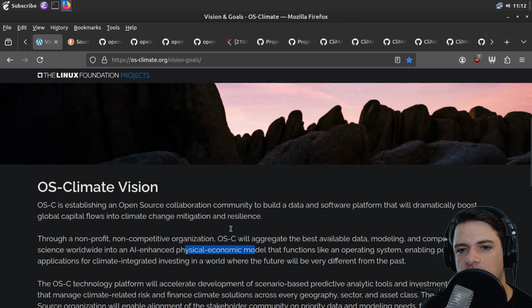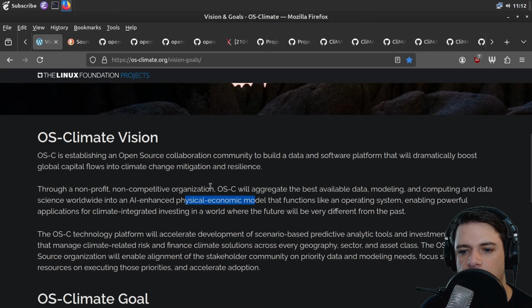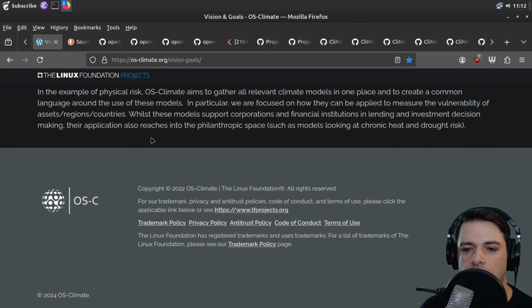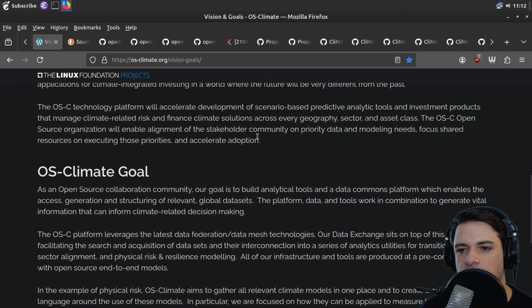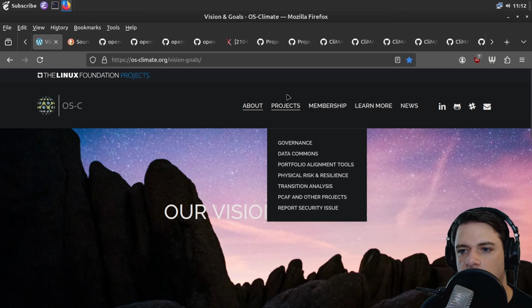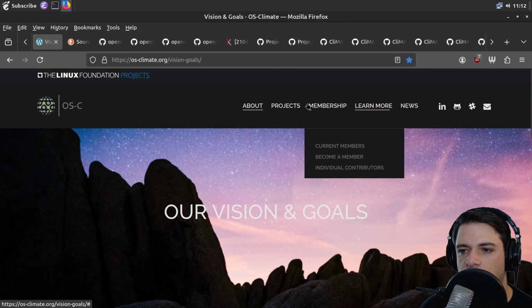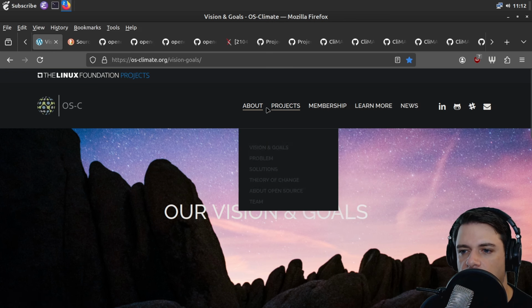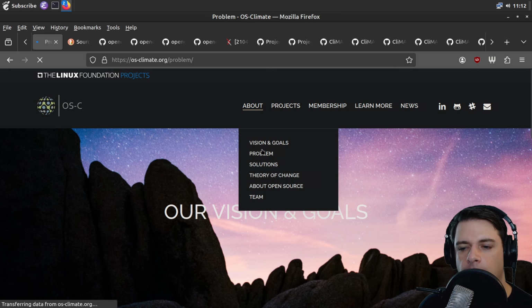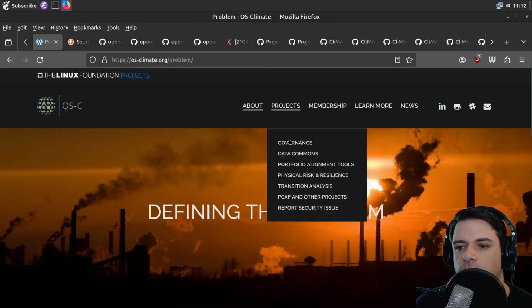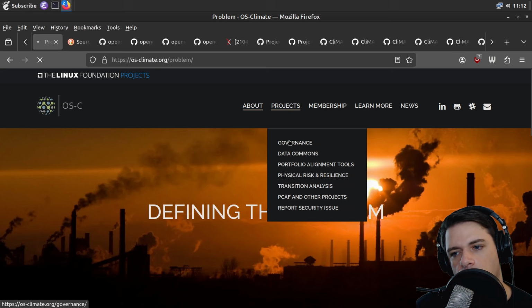Okay, so this is somehow focused on capital and investing. And they want to build a model. I don't know why the Linux Foundation is involved. This kind of seems like they're crowdsourcing information that'll be of interest to hedge funds. Is that what they're doing? Okay, so then they have projects governance.